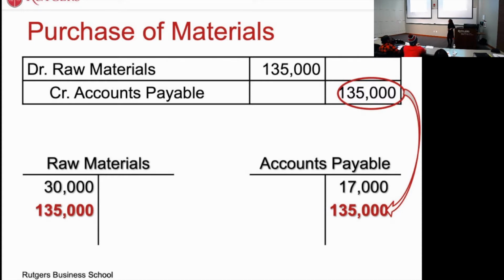One table? What do you mean by one table? You mean here? You mean this one? No. So like one T, then raw materials as a debit, and accounts payable as a credit. I think that's just a matter of form, but here I want to separate it.